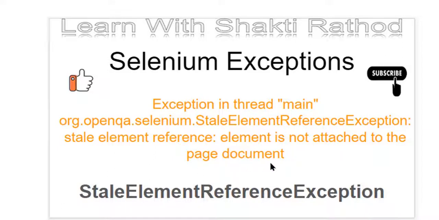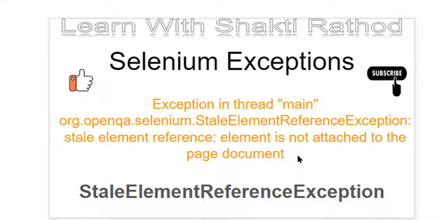You are all aware of the page DOM. Every element we get from the front page will be present in the DOM. We map that element and use it for different purposes, clicking on it or doing some operations.